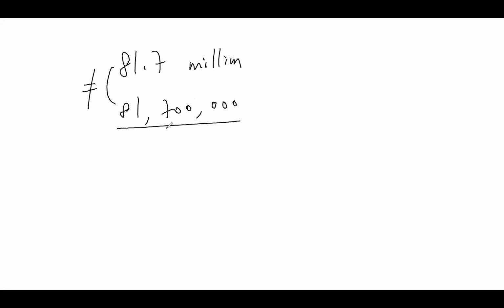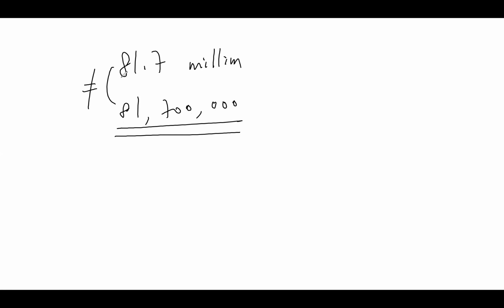This one is the exact amount. What does this mean? It means that if I write 81,700,000, it means exactly 81,700,000.